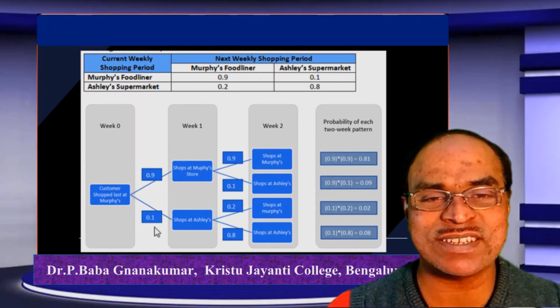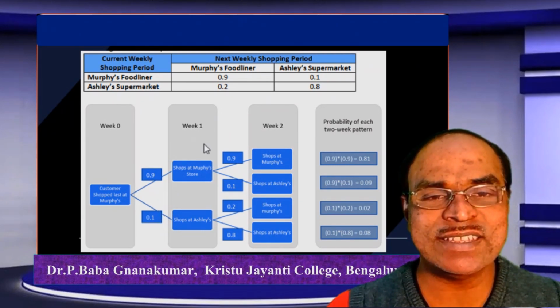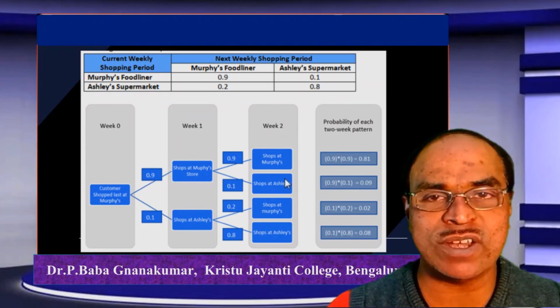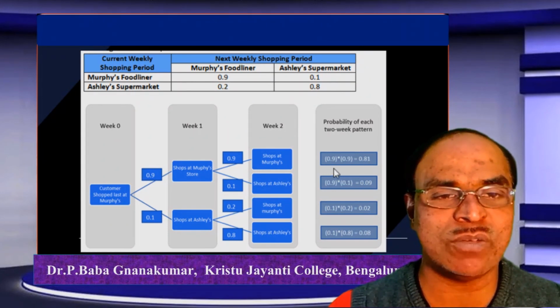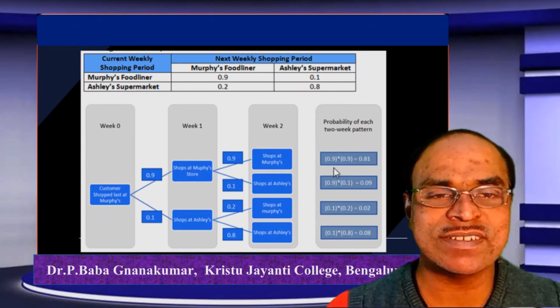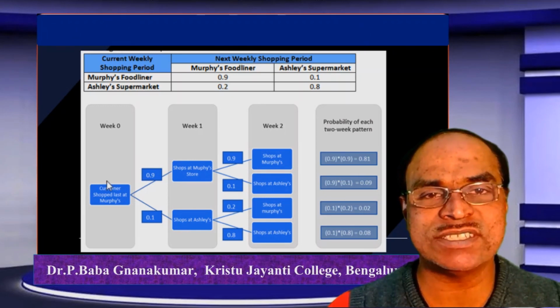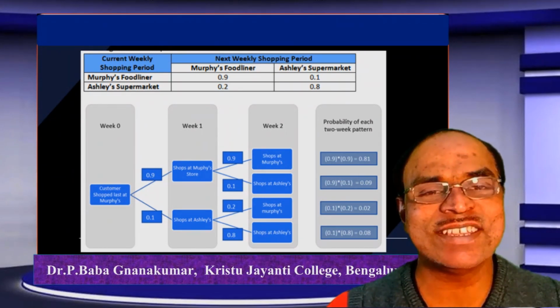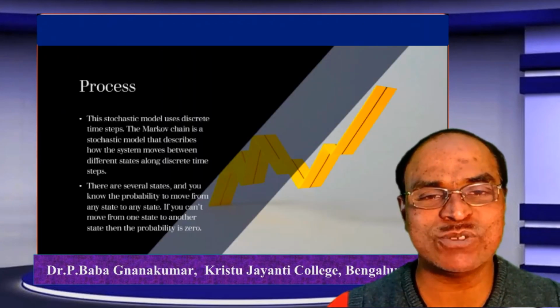That is 90% and 10%. Then in the second week, what is the change? Same 90 and 10% in one way. Another brand 20% and 80%. Then you will calculate the probability of each situation. In the two-week pattern, what is the change from week 0 to the present week? That is how the Markov chain is working.